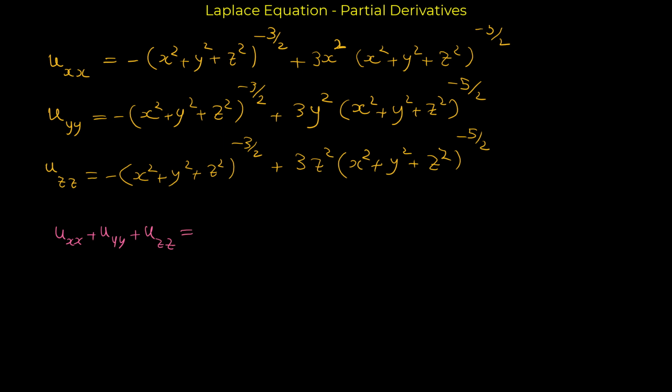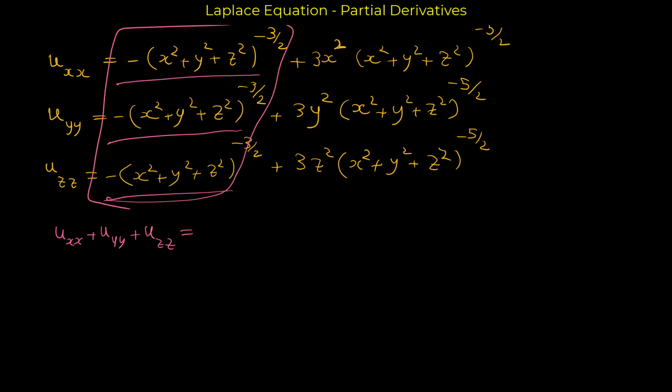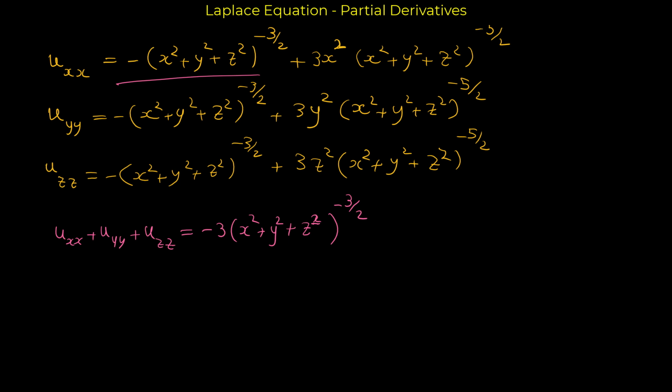For adding these, please pay attention. We have this expression, the same expression here, the same expression here. So when we add these to each other, the sum of these would be negative 3 times (x^2 plus y^2 plus z^2) to the power of negative 3 over 2. So the sum of these terms is this.